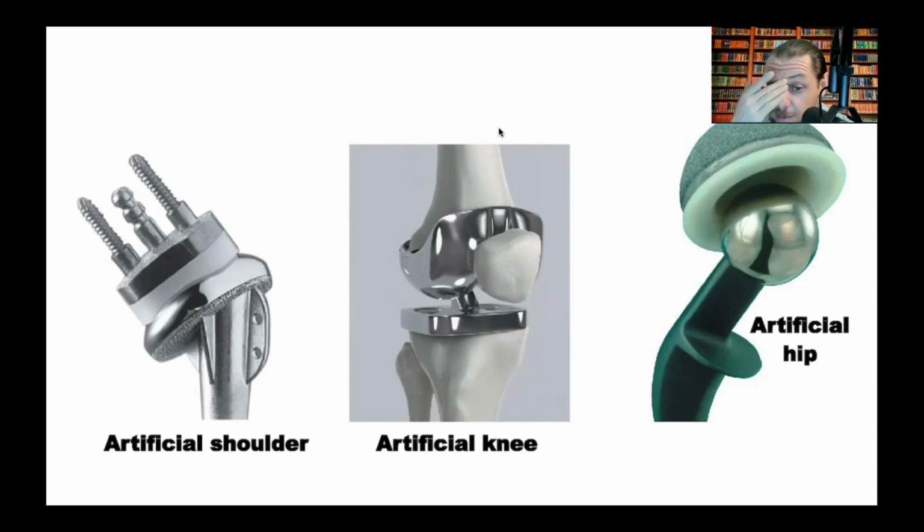Depending on where a clot lodges, they may have a pulmonary embolus or a CVA. So anytime a patient has anything artificial that is not living tissue, like a mechanical valve, artificial hip, artificial knee, artificial shoulder, any type of metal in your body, the result is that the patient may suffer possible blood clot formation.